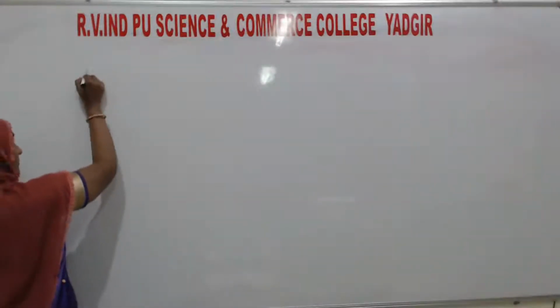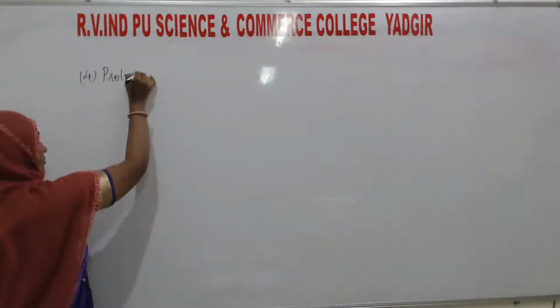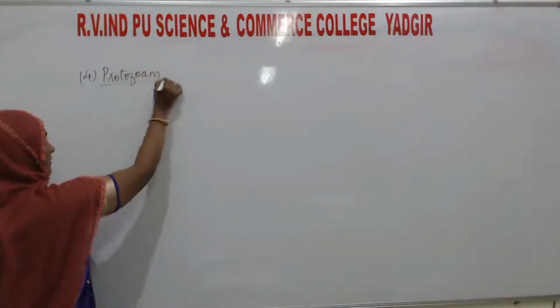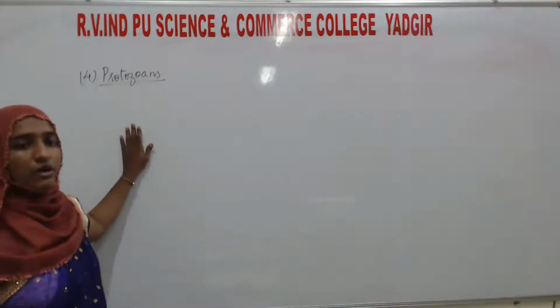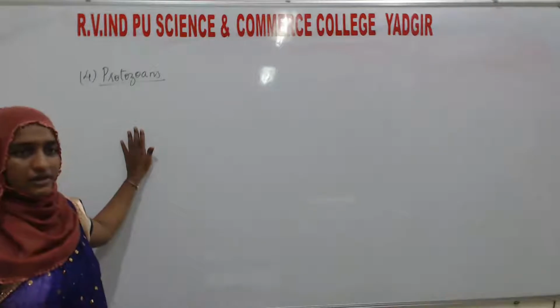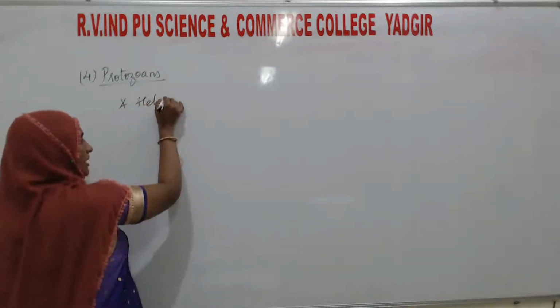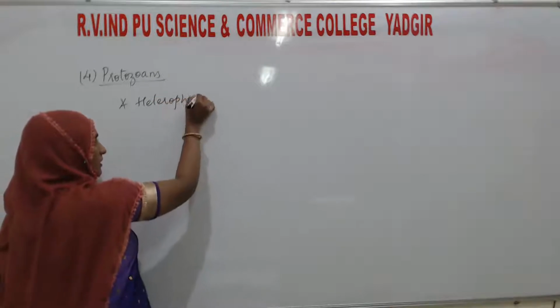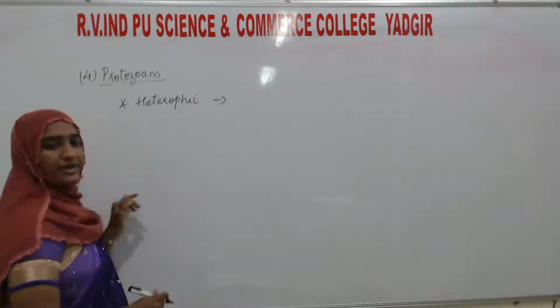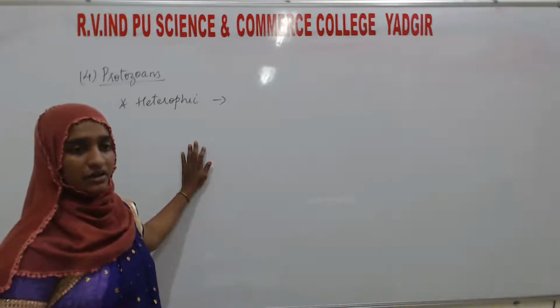First one is protozoans. Protozoans are all heterotrophic, which means they depend on others for food. As they are heterotrophic, they live as predators or parasites.